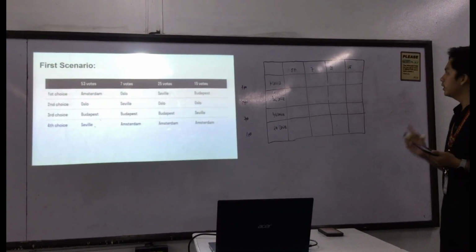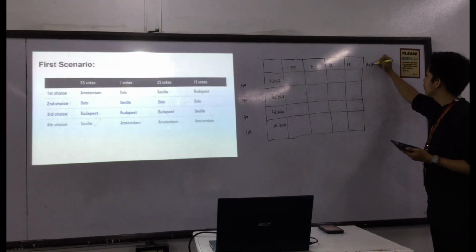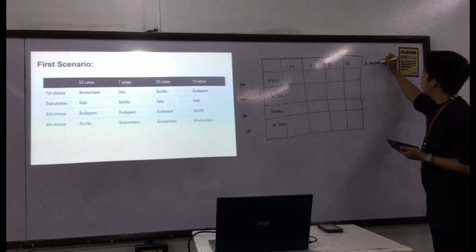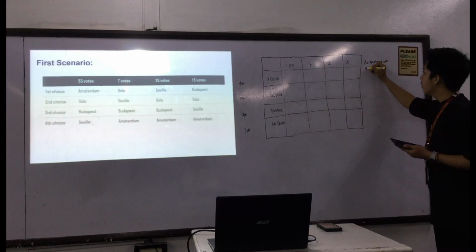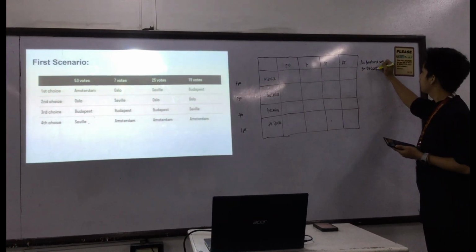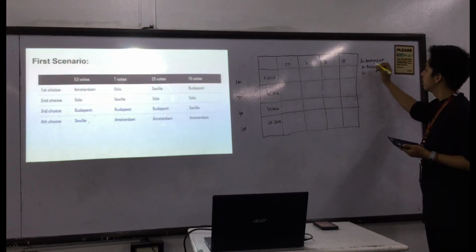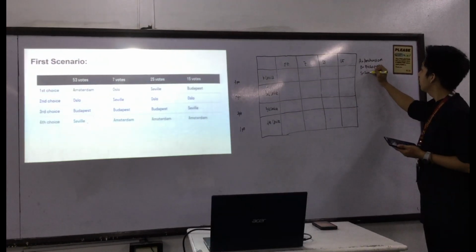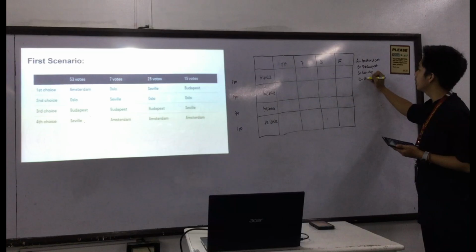Next, let A be for Amsterdam, let B be for Budapest, let S be for Seville, and let O be for Oslo.